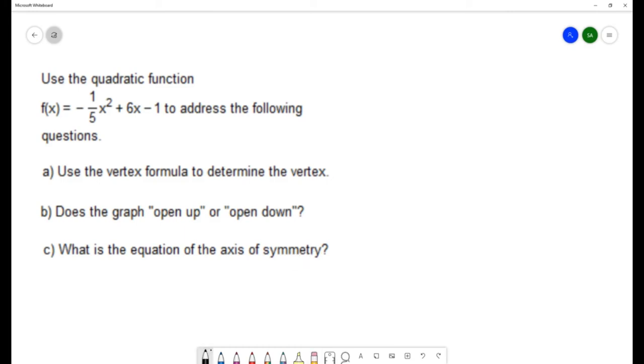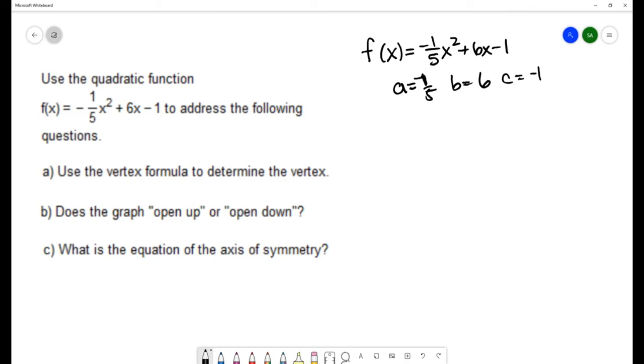So our quadratic function is in general form f of x equals -1/5 x squared plus 6x minus 1. The value of a is always attached to our squared term, so that's -1/5. The value of b is attached to our linear term, which is 6, and our constant is -1, which is c.